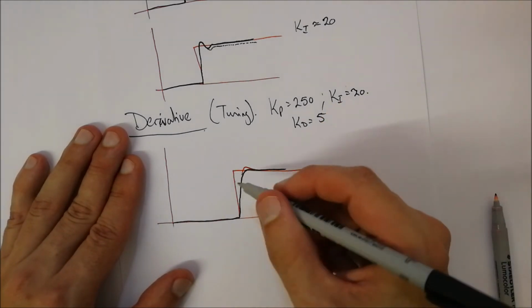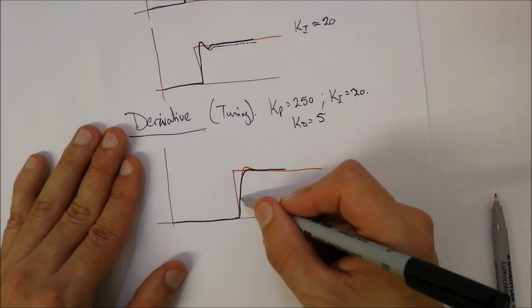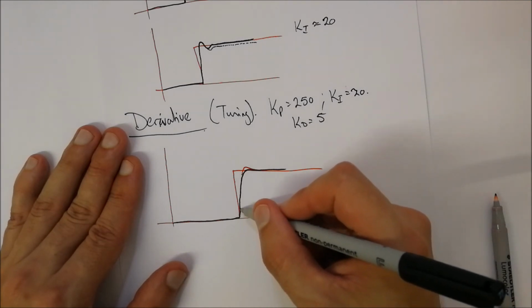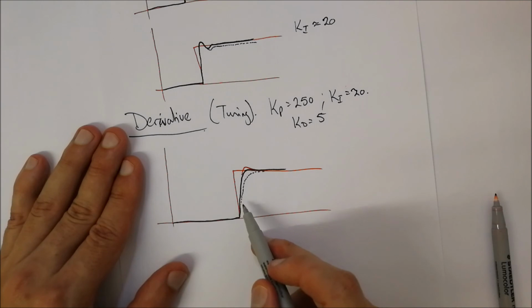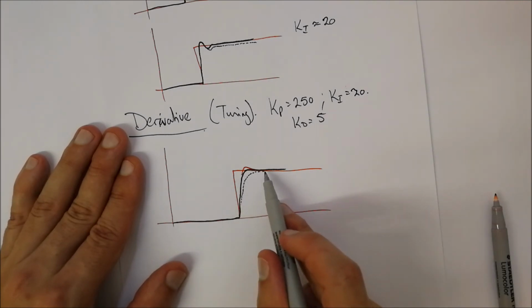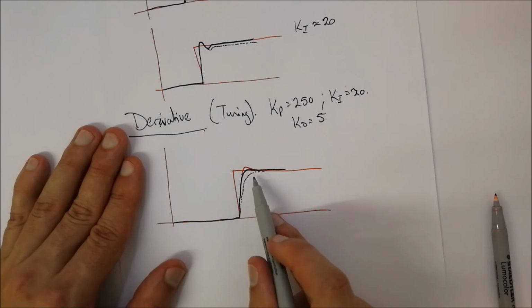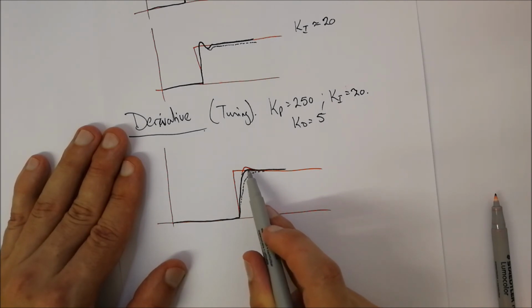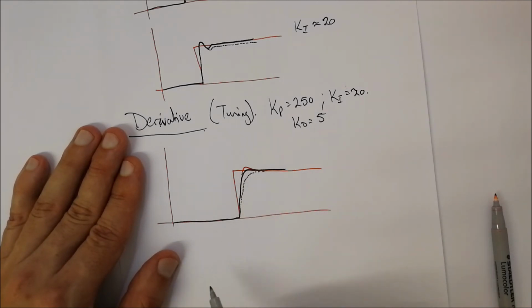If your Kd value is getting a bit too large, it might even do that, which takes a bit more time until it gets to the desired set point, but you could have that type of shape happening. So you generally want to have a very small overshoot happening over here. When I say small, hardly even visible to the eye, and then smoothing out over there.